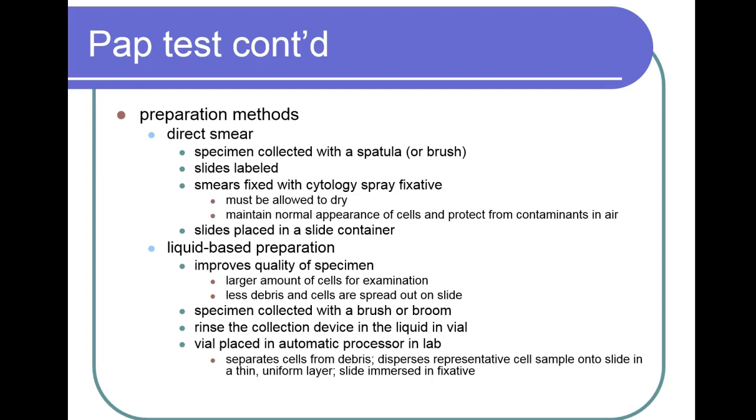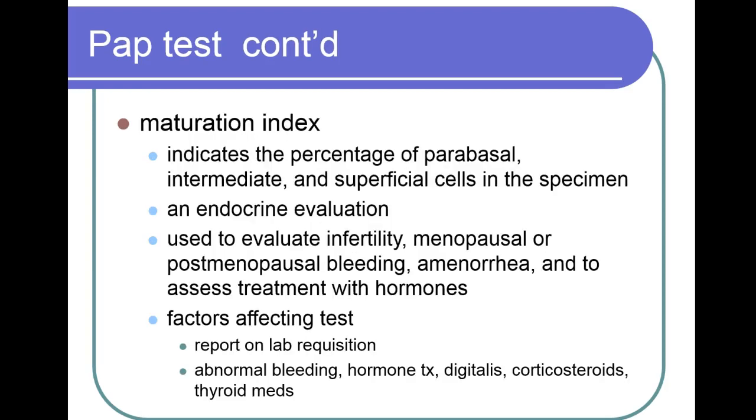And it is processed by an automatic processor that gets rid of all the debris and then brings all the cells in a nice large collection. So, like I said, this has been an advancement over the direct smear. But I would like you to know both kinds, because on your certification, you might find questions about each of them. There is something called the maturation index. I'm really not going to go into it.